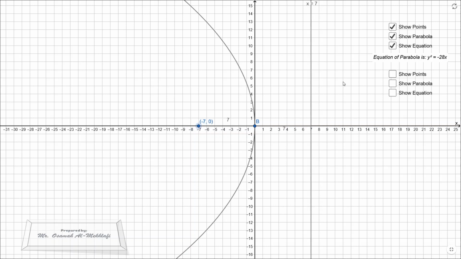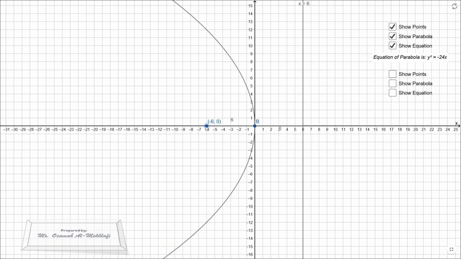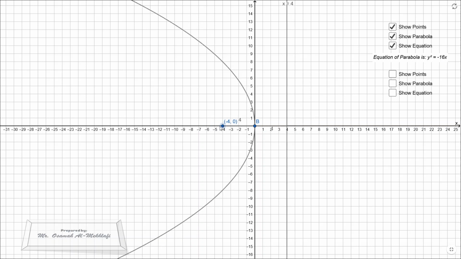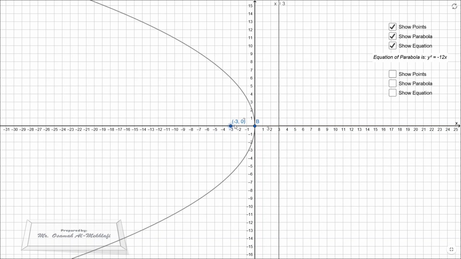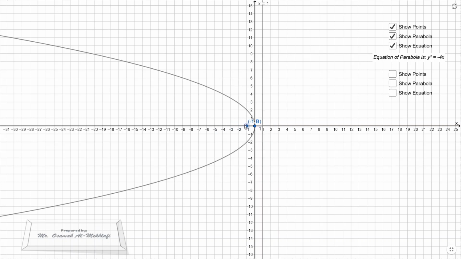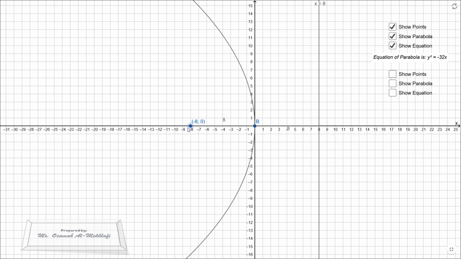We have a negative 7 and negative 28. So it's multiplied by 4, you get negative 28. We have negative 6, and here negative 24, which is multiplication by 4. We have negative 20 now. We have negative 16, negative 12, negative 8, negative 4. So it's the same case even if it is the second standard position.